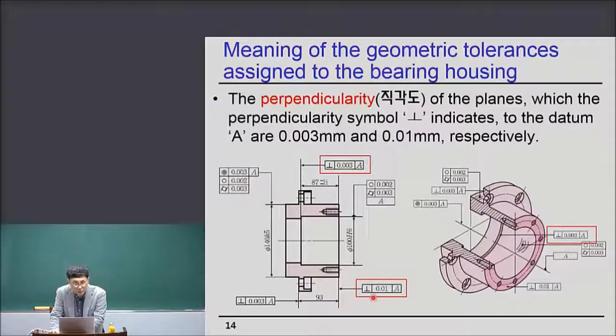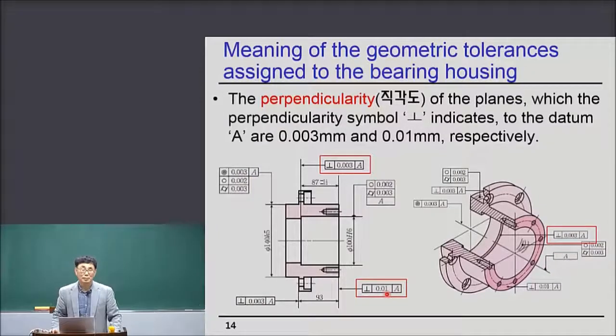And this is another perpendicularity. This indicates the plane of this, this pink plane, right? The perpendicularity of this pink plane to the axis A is 0.01 millimeter.